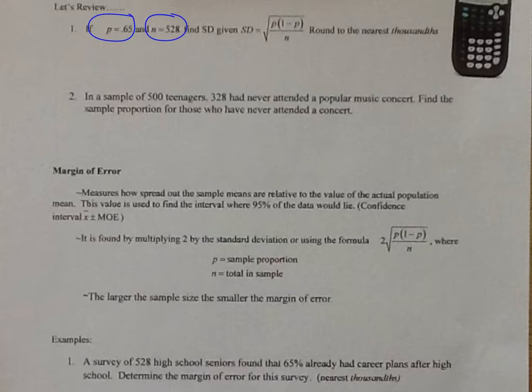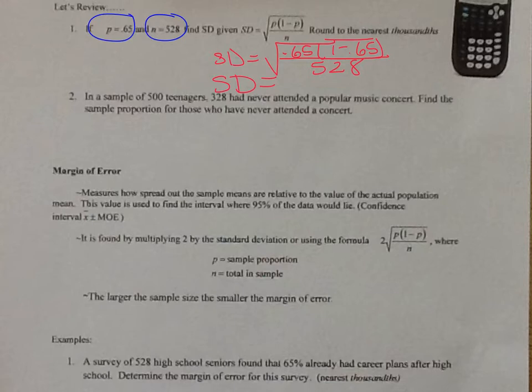So my standard deviation is equal to the square root of 0.65 times 1 minus 0.65 divided by 528. Just plug that into your calculator. If you don't have your calculator in front of you, go get it. I'll wait for you. Just put me on pause.